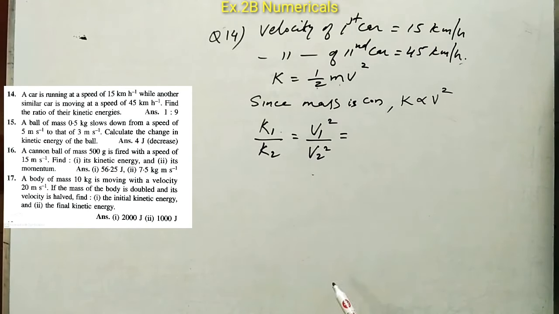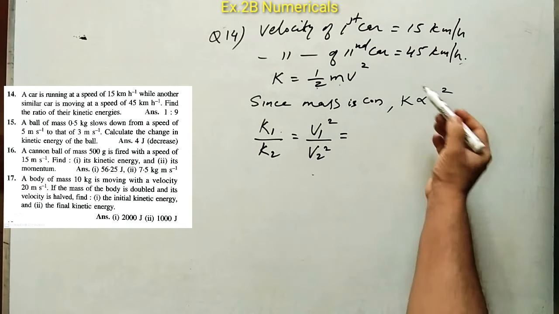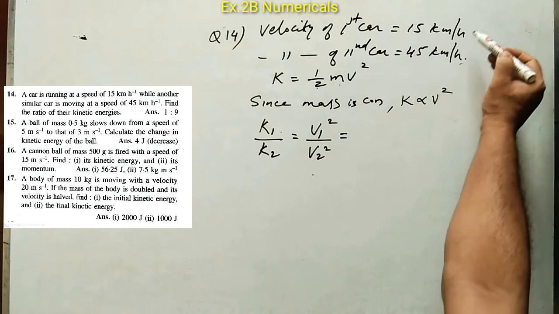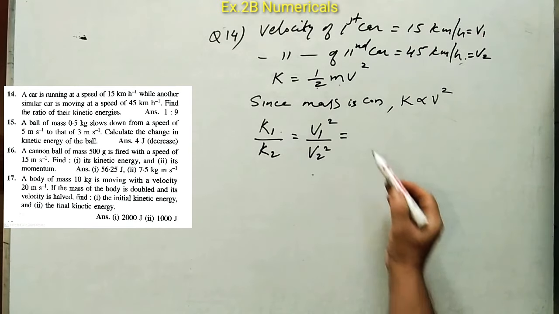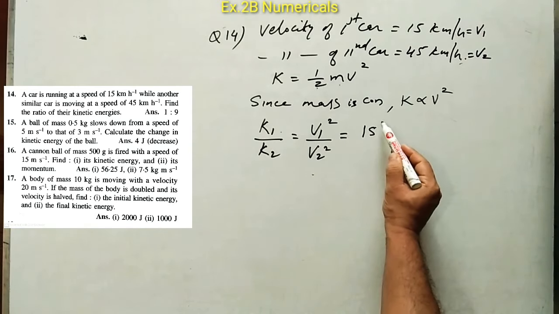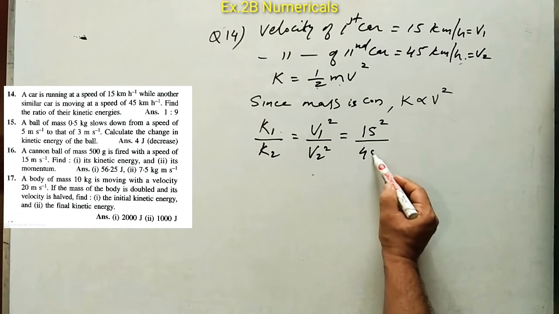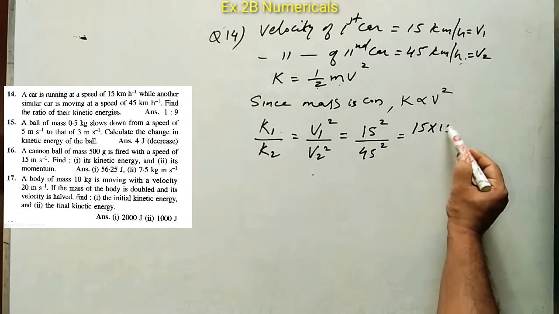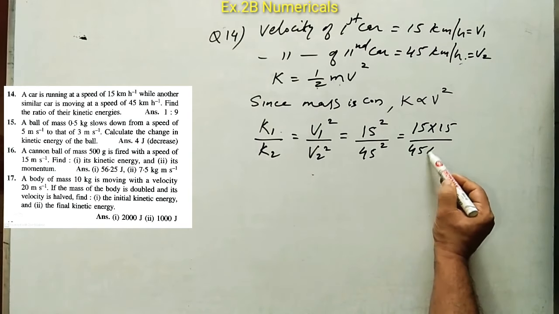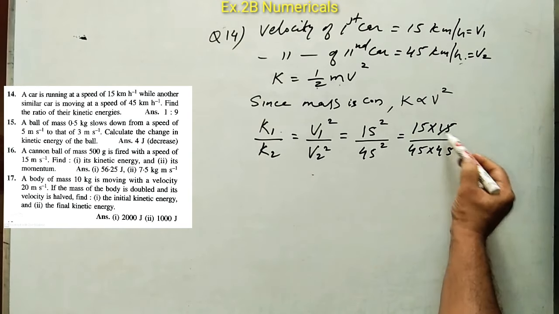So that's given as V1 square. V1 is 15, and this is V2. Clear? So 15 square divided by 45 square. So that's equal to 15 into 15 divided by 45 into 45.